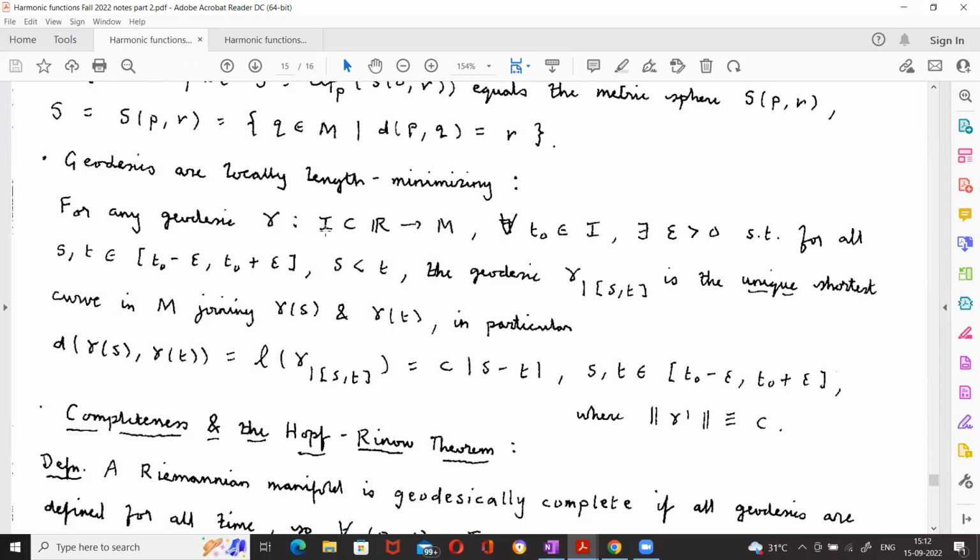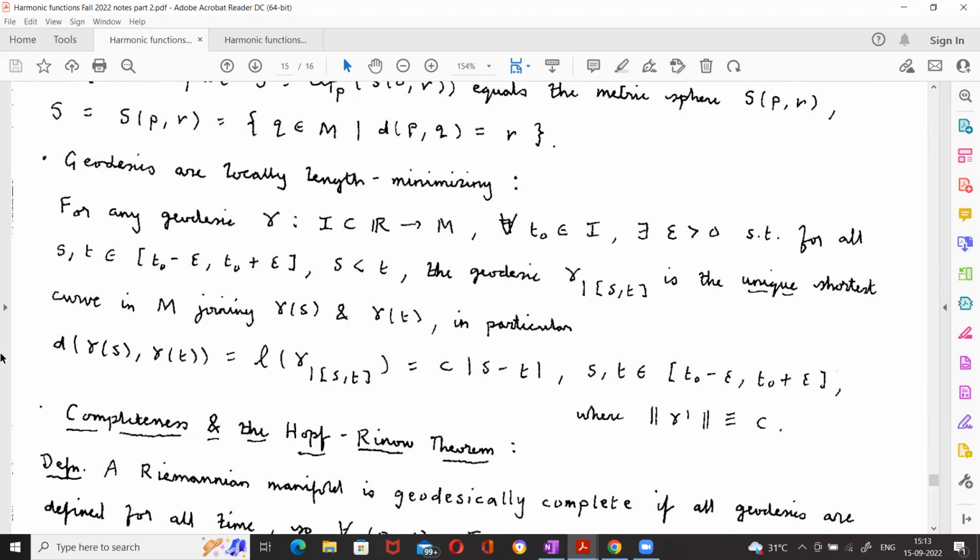For any geodesic gamma from an interval I into M, for any point t naught in the interval I, there exists an epsilon positive such that for all s, t in the interval t naught minus epsilon to t naught plus epsilon, say s is less than t, if I look at the geodesic gamma restricted to [s,t], then this is the unique shortest curve in M joining the points gamma(s) and gamma(t).